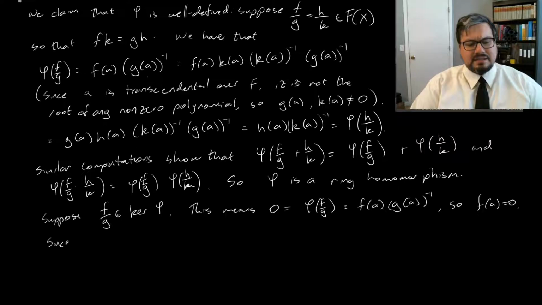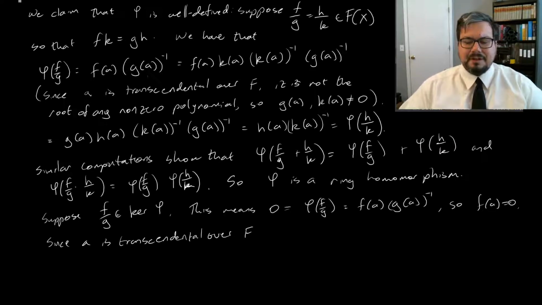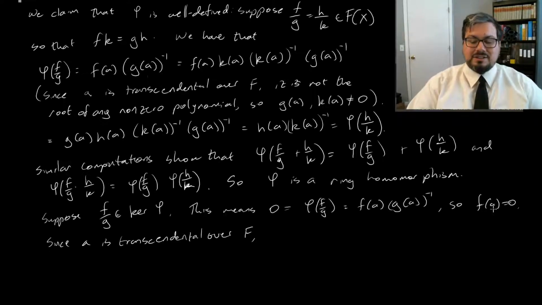Now, since a is transcendental over the field F, this means that it's not the root of any non-zero polynomial. And so if a is a root of the polynomial f, we must have that this polynomial f is equal to 0.